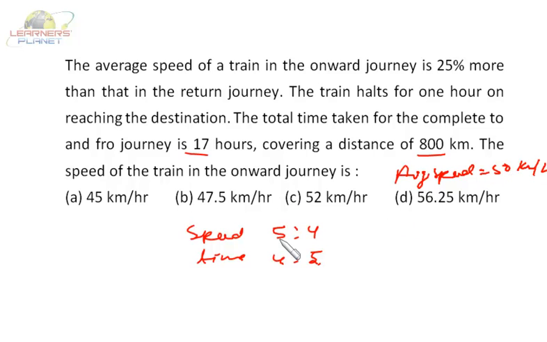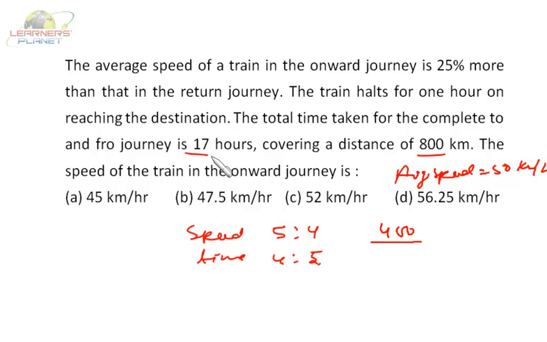Okay. Now we are having the ratio of speeds of to and fro. Now we have to find the speed of the train in the onward journey. Now what is the speed? In this case, it's total distance by total time. So the total distance that is one way is 400 kilometer and the time taken is 4 by 9 part of the total time.